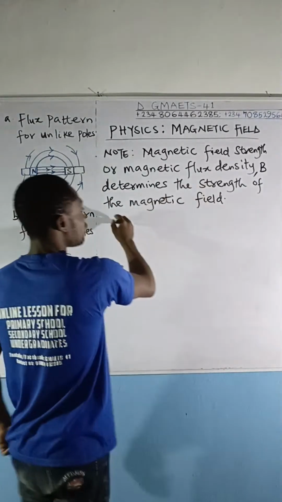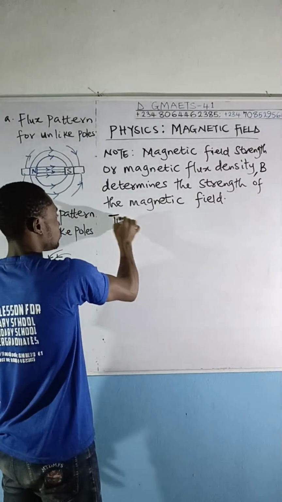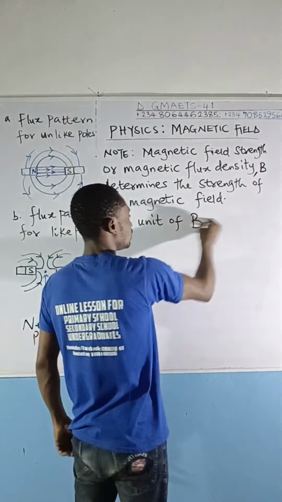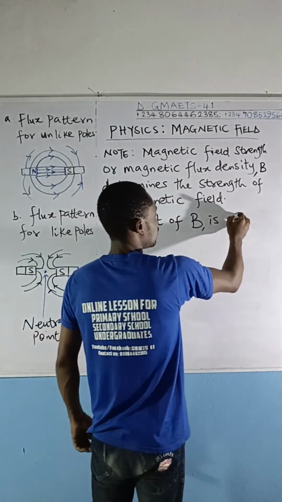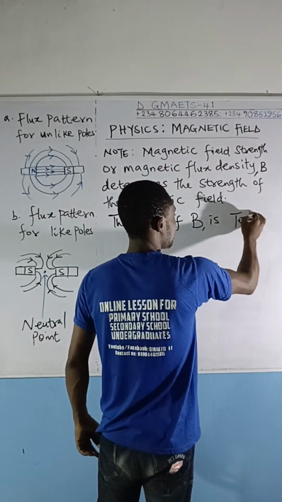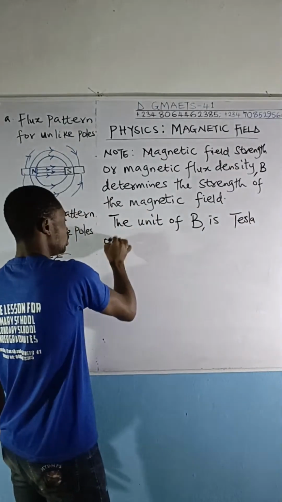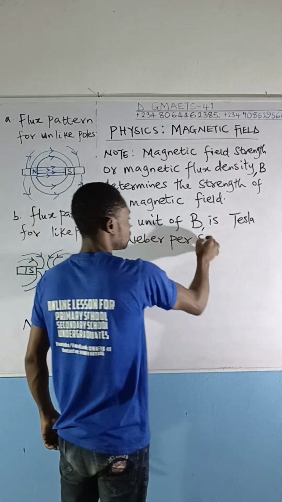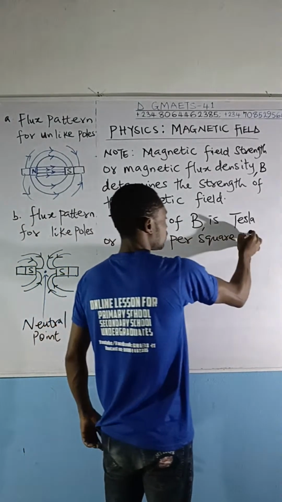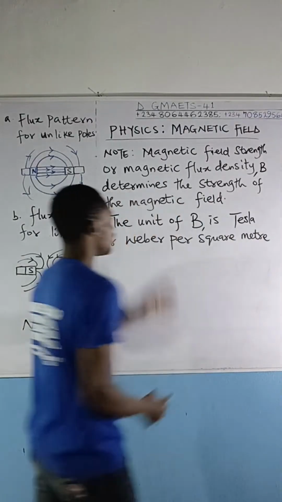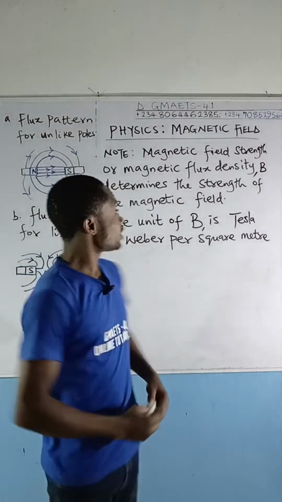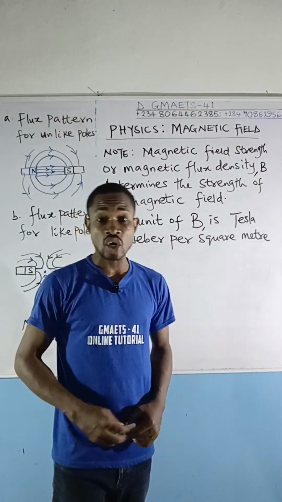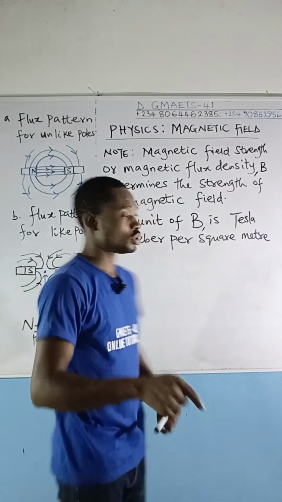The unit of magnetic flux density, the unit of B, is Tesla or Weber per square meter. That's the unit of magnetic flux density or magnetic field strength. Are you following? Or simply you can call it magnetic induction.